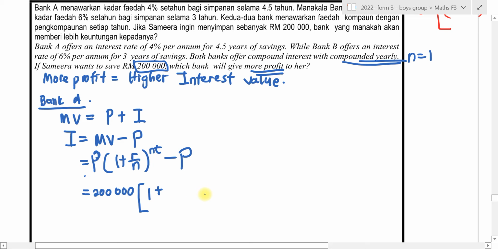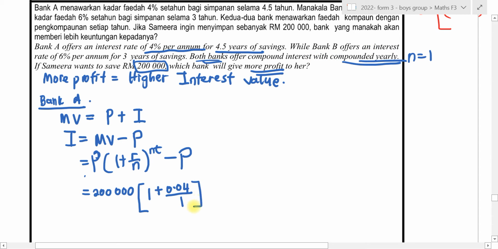Okay, Sharvina, you are going to help me. For bank A, 4% per annum, 4.5 years of saving. So your R is equal to 4%, so 0.04, and N: both banks compound the interest yearly, so N equals 1.